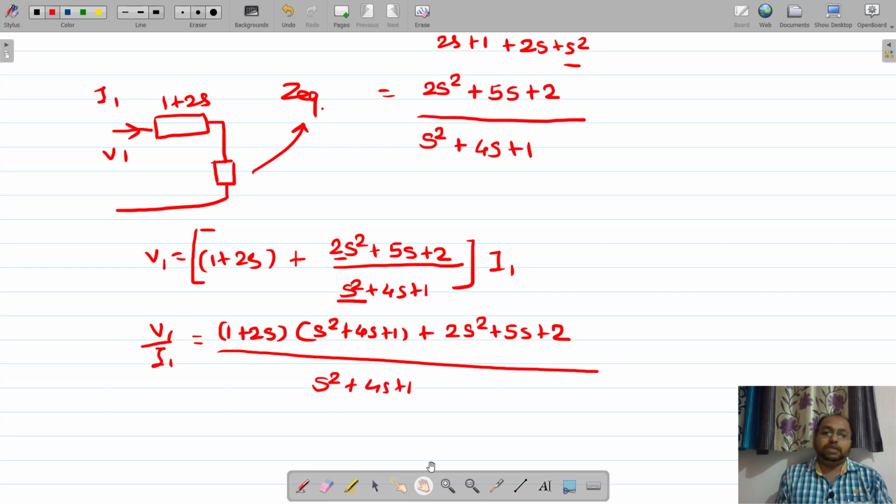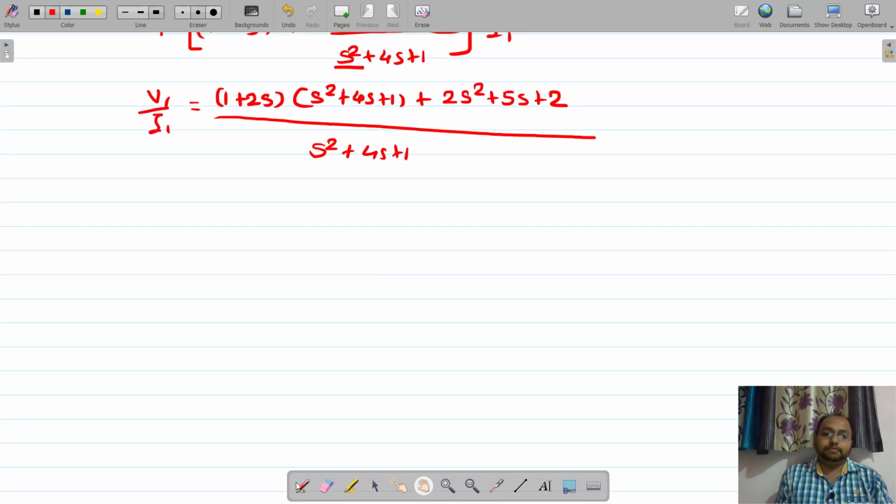Okay, now let us do simplification. After simplifying, we'll be getting H11, not Z11. So after multiplying by 1, it will be as it is. S square plus 4s plus 1. Now let us multiply by 2s.